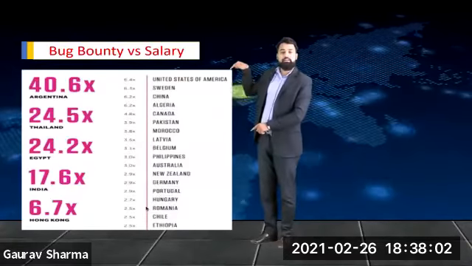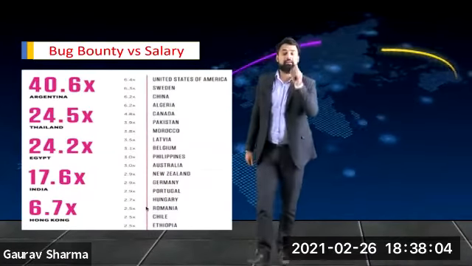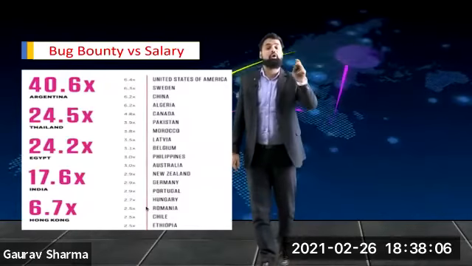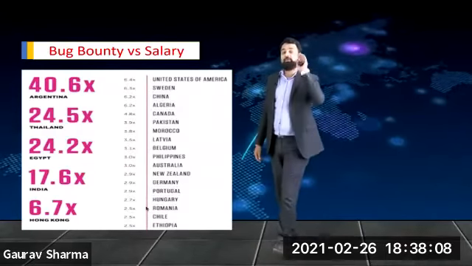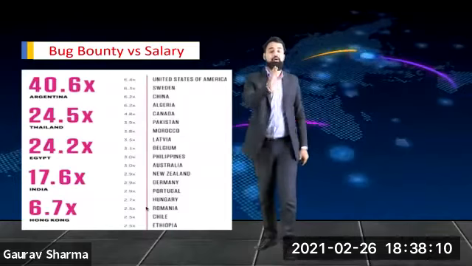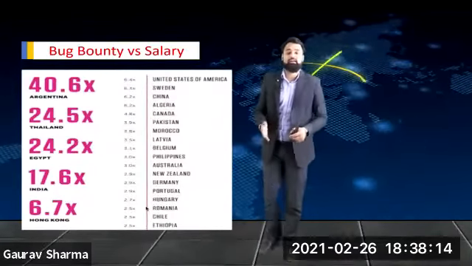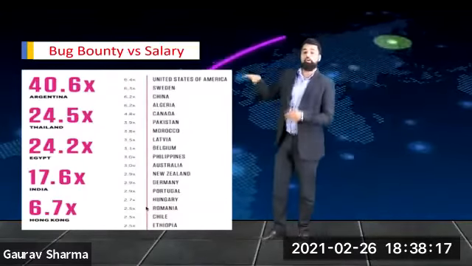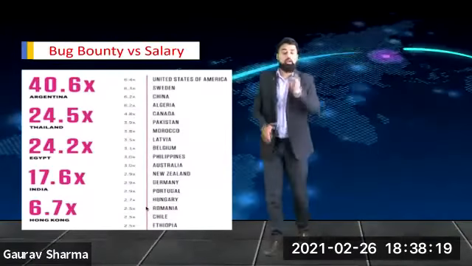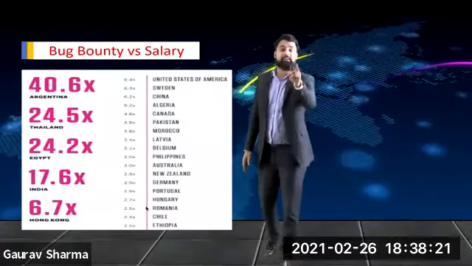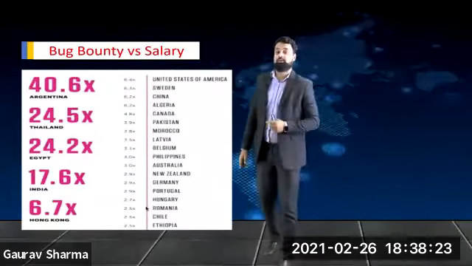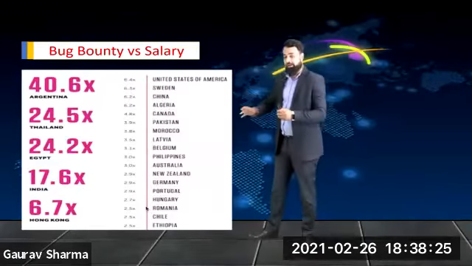As you can see, India is 17.6 multiple of the salary you are going to get. Let us suppose you have a 20,000 rupees salary in India. If you do bug bounty or ethical hacking, that will be around 17.6 multiple of your 20,000. So how is it actually calculated?